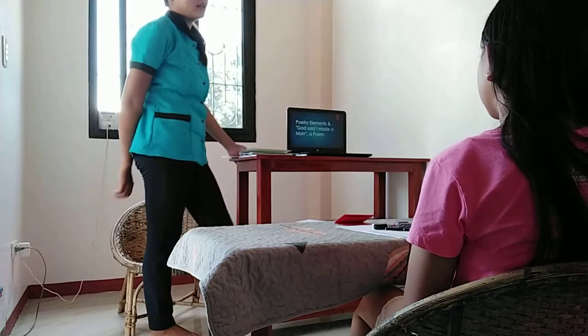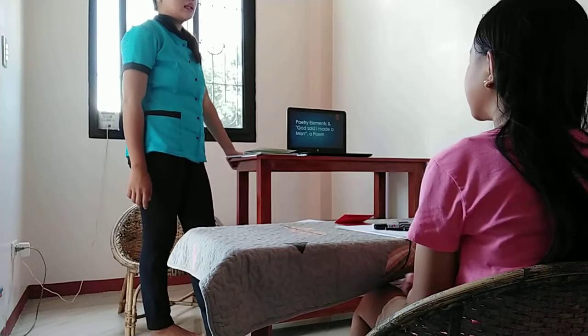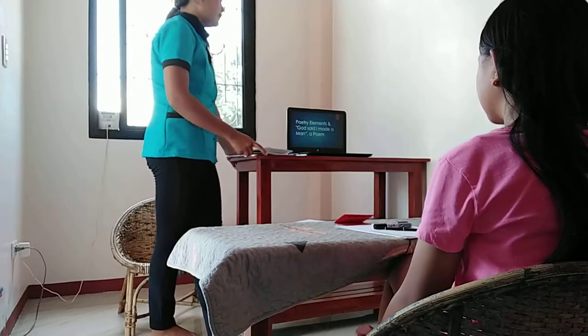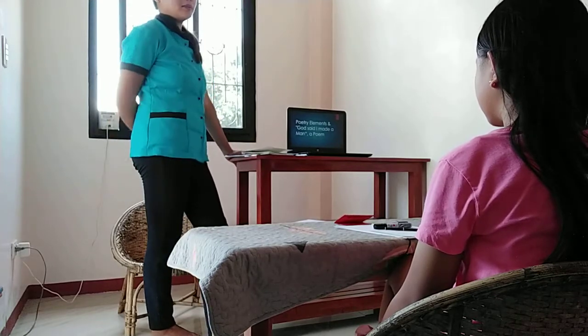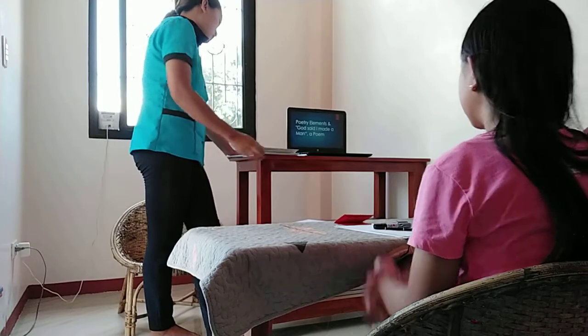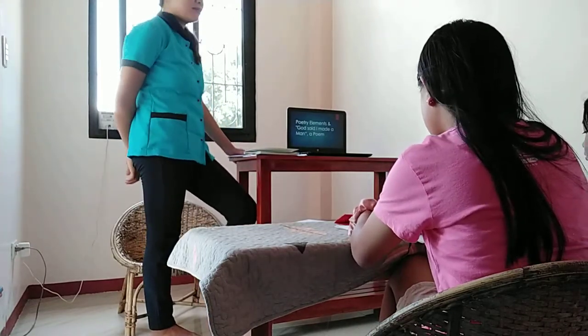The different poetry elements that you know. We're going to write what are the elements of poetry that you know. You may look up your assignments.